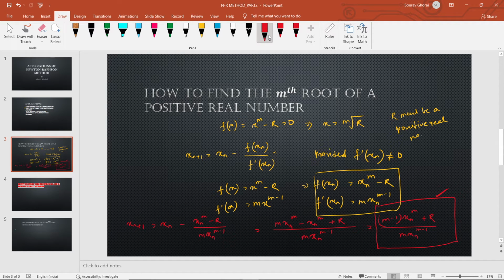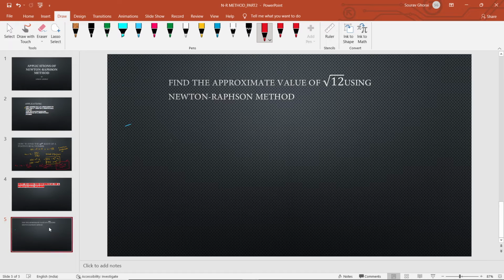Now I am going to show you by one example how we can find the mth root of a positive real number. See here, we will find the approximate value of root 12 using the Newton-Raphson method. For the solution, let x be equal to root 12.